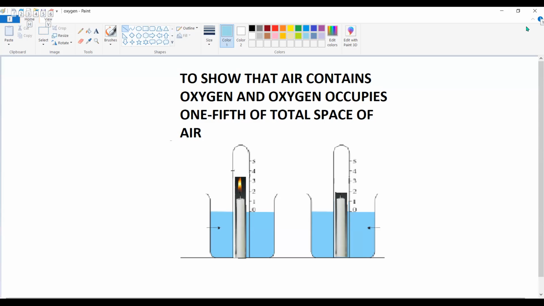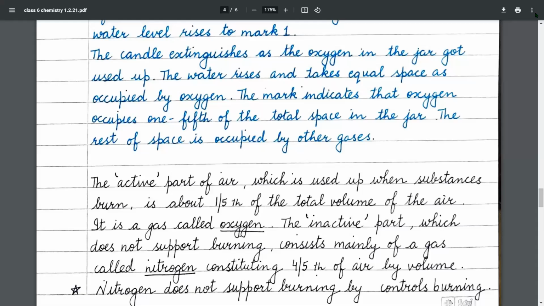The mark indicates that oxygen occupies 1/5 of the total space in the jar. The rest of the space is occupied by other gases.